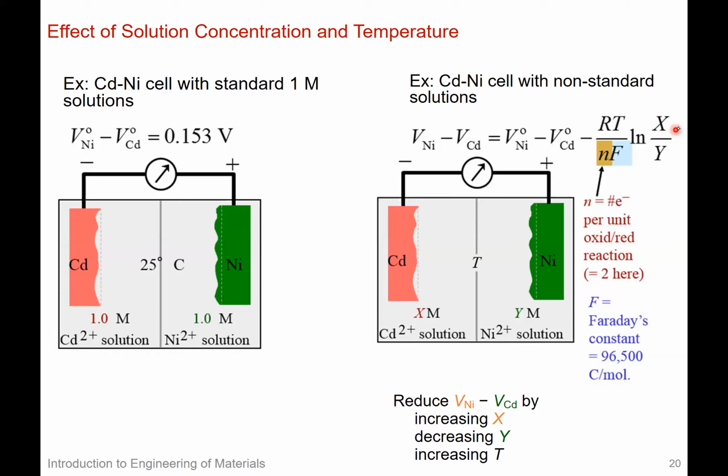We won't go into that too much because there's already a lot to deal with at standard conditions, but in case you want to know for future reference, there is a way that we can manipulate Nernst's equation to deal with concentration and temperatures not at standard conditions. So if something's not at 25 degrees C or not 1 molar concentration of either of the two metals.